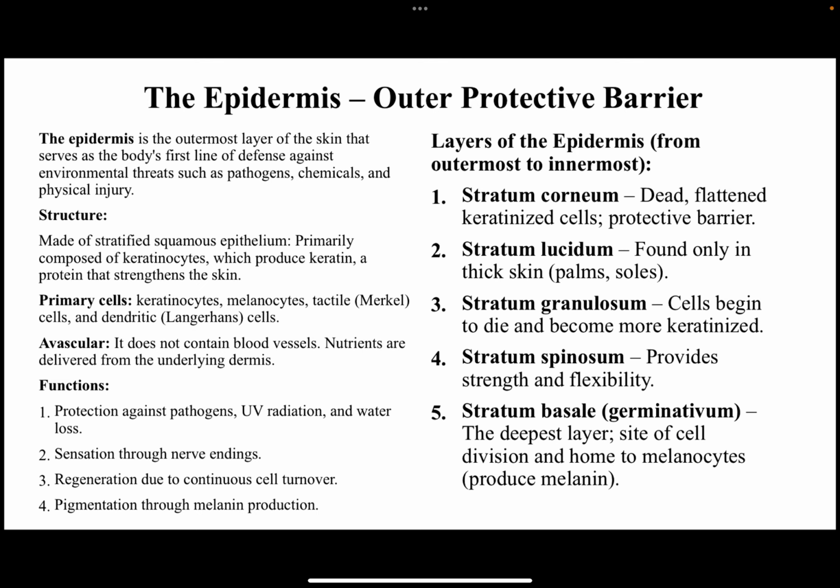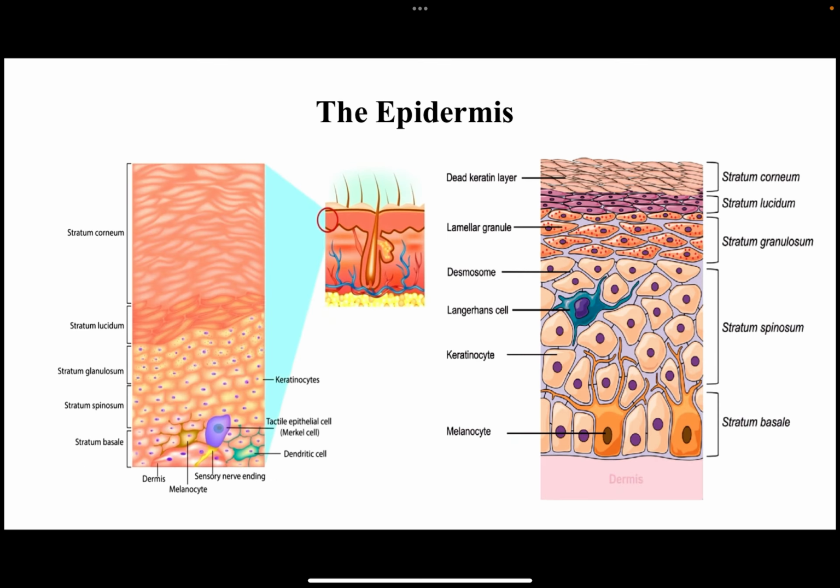If you look at this diagram, you can see some of the cells. Within the epidermis, you can see we have melanocytes, keratinocytes, Langerhans cells, desmosomes, and the tactile epithelial or Merkel cells, and the dendritic cells.